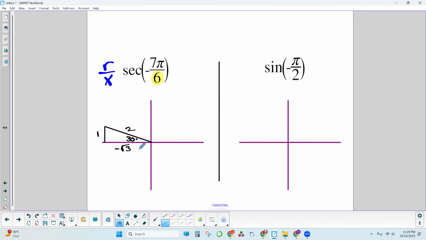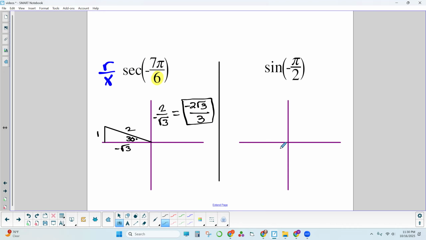To evaluate secant at negative 7 pi over 6, I just take r over x, which is 2 over negative square root of 3. I can't leave my answer like that. I need to rationalize the denominator. So my answer is negative 2 square root of 3 over 3. And that is secant at negative 7 pi over 6.